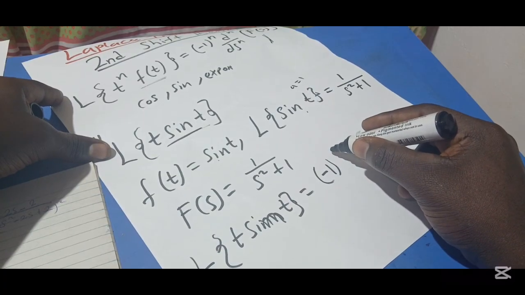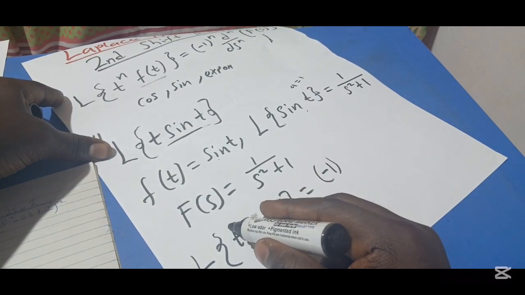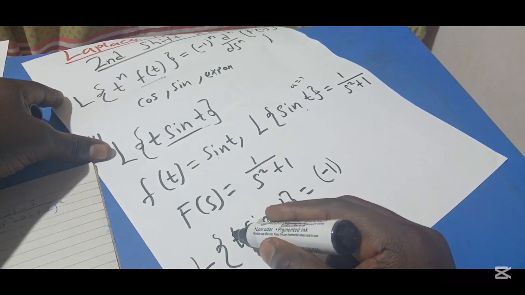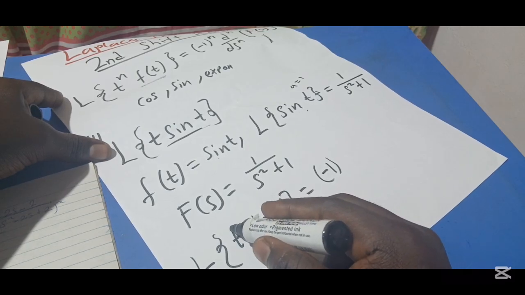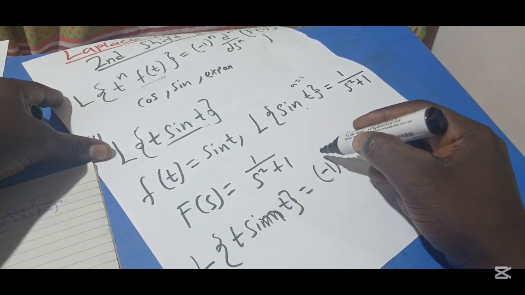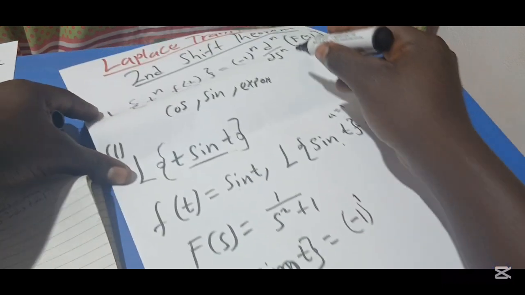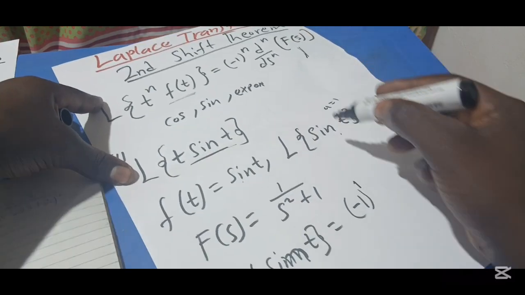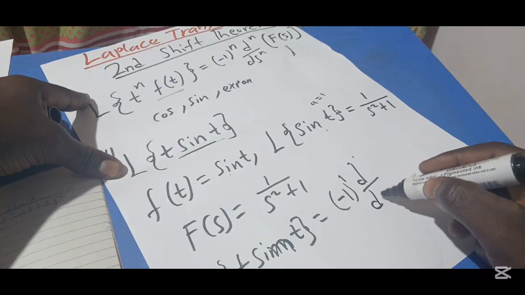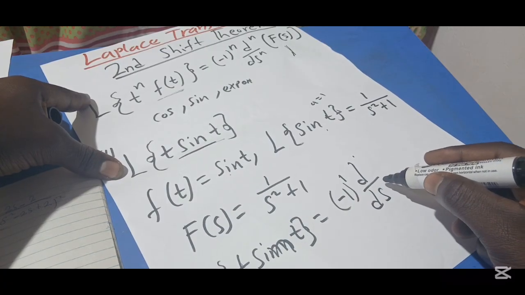And what is our n value? n is coming from the power of t. Even if it's not t, if it is any variable at all, its power is n. So since n is 1, we have 1 here, and for d to the power n and s to the power n, there's no need to write the power.